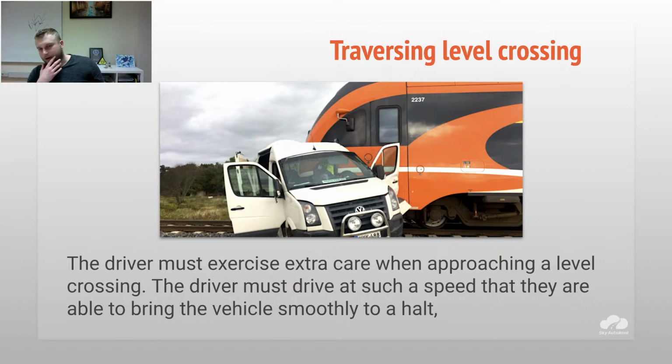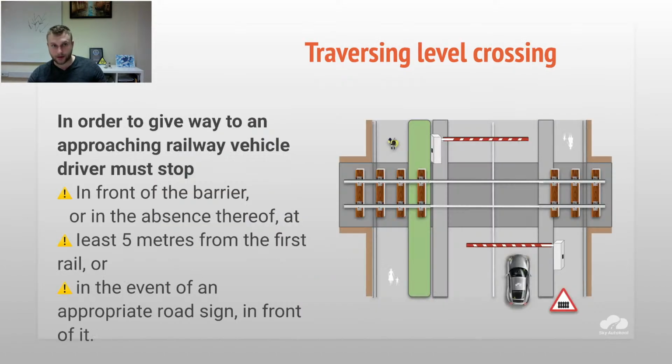We teachers say that the barrier or traffic light can be broken for some reason, and imagine if it's broken and you don't look left and right at all, and a train just comes, so you can have an accident. That's why on the exam and while you're studying, try to check both directions.